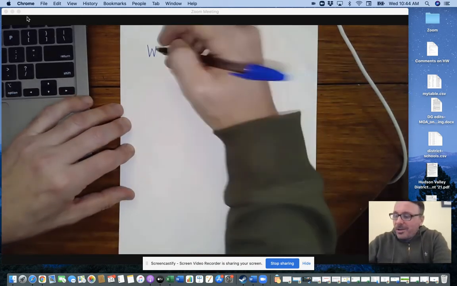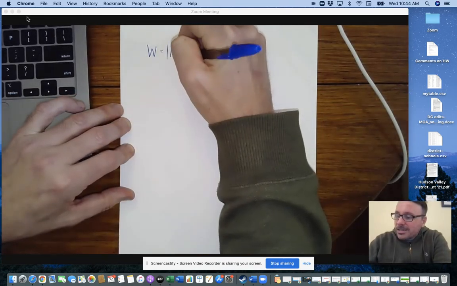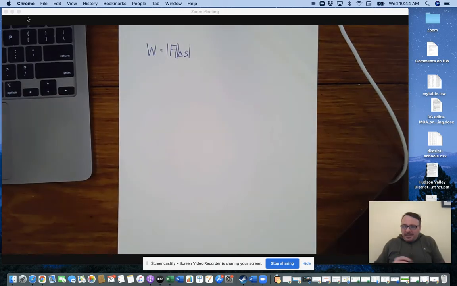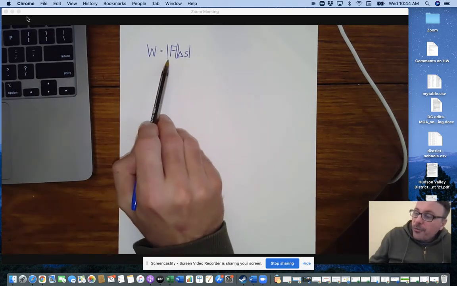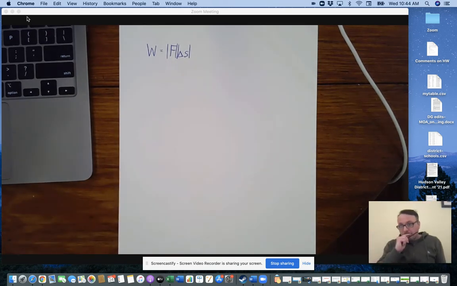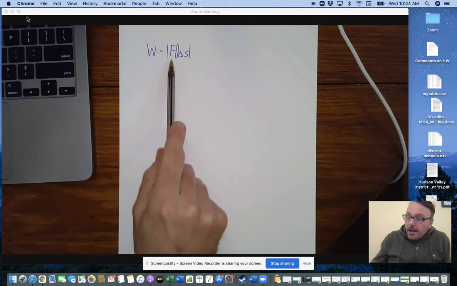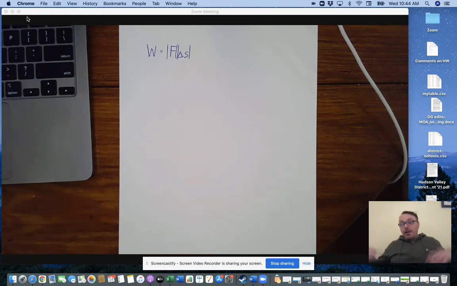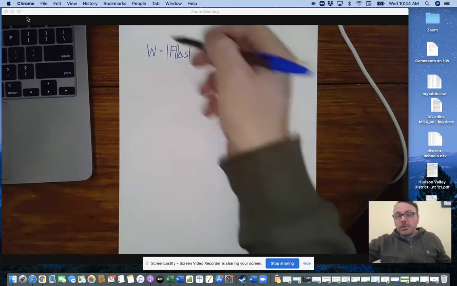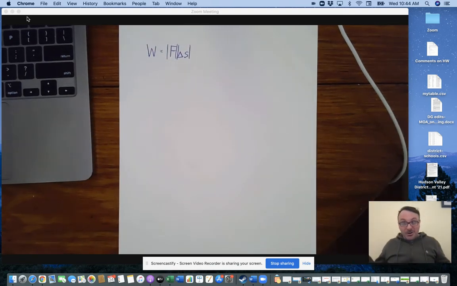We can just throw some magnitude signs around this. And so now I seem to have everything I need. So work is equal to force times displacement. In other words, force is needed to cause change, and here's my evidence of change. Boom, we're good because now it's all scalars as well, right? We're good, right?